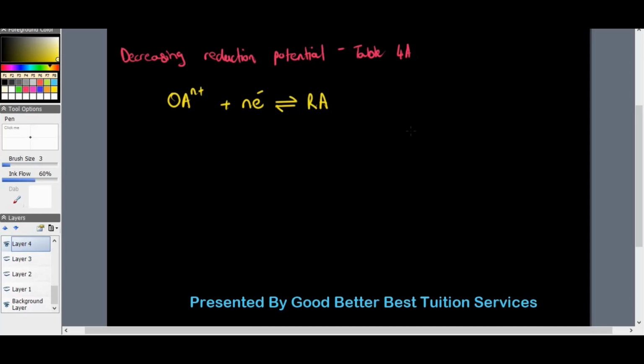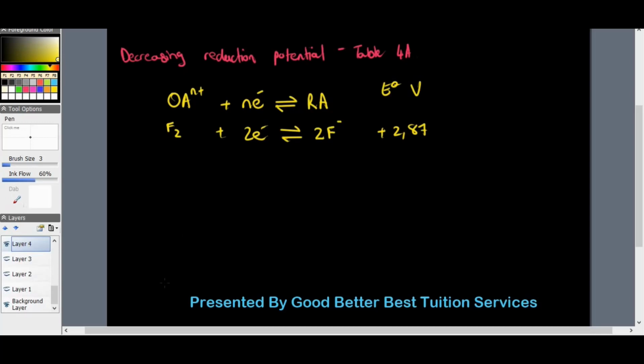So if we take a look at the reactions, written like this, we have F2 plus 2 electrons, with the forward and backward reaction arrows, and we get 2F to the minus, and that has an electrode potential of positive 2,87.